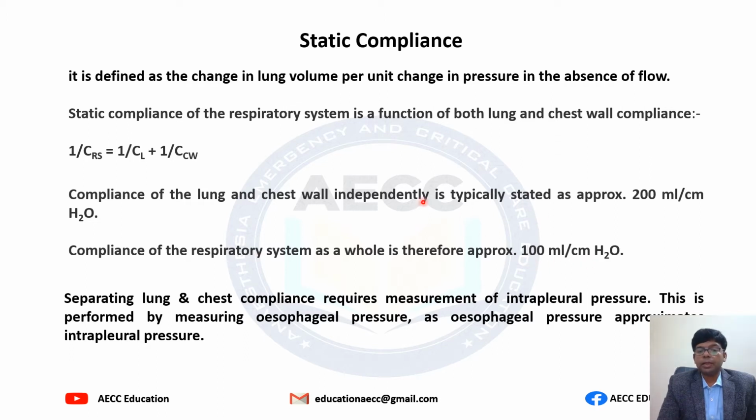To separate the lung and chest wall compliance requires the measurement of the intrapleural pressure. As we already know, we can't measure the intrapleural pressure directly in the patient, so this is performed by measuring the esophageal pressure, as esophageal pressure approximates the intrapleural pressure, and I already discussed the esophageal pressure in the previous lecture.